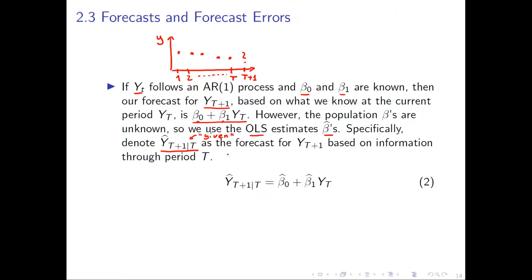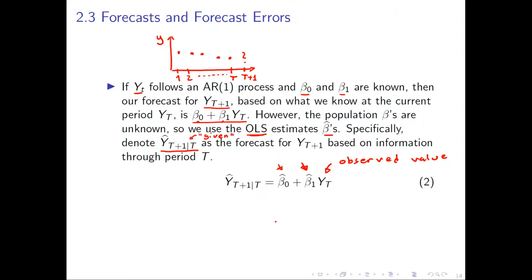So what we do is that we have this observed value, and we have the OLS estimates that we have retrieved from running the ordinary least squares regression of Y_t on its Y_{t-1} lag.